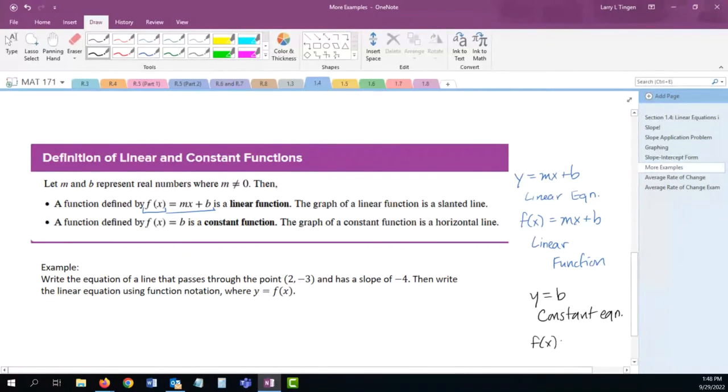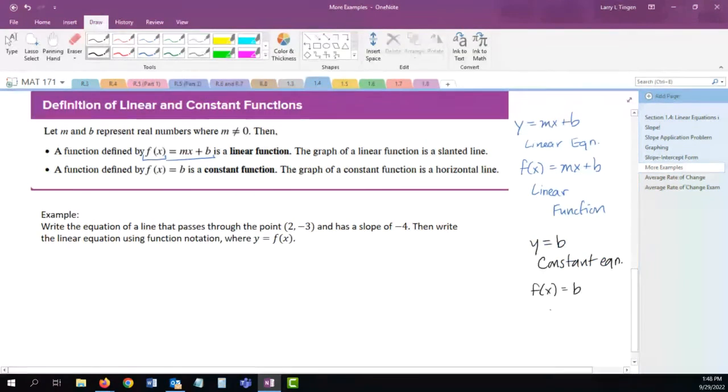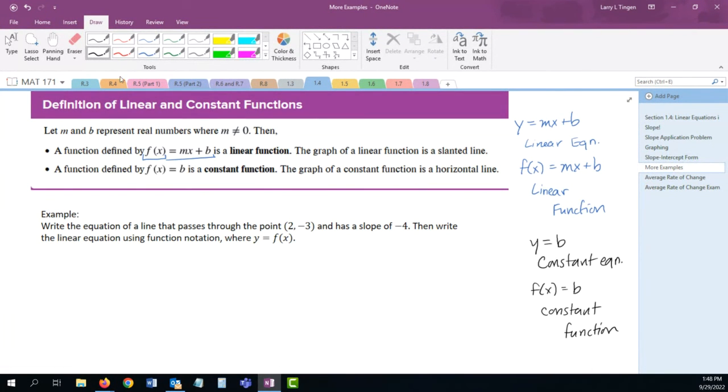And f of x is equal to b is a constant function. Not a very useful function for the constant one, because what's inside the parentheses has no impact on the right-hand side. But I just want you to get used to when they swap back and forth, if they call it a constant function, then they're using function notation to name it. If they're just calling it a constant equation, then they're just going to use y equals b instead of f of x. Okay.